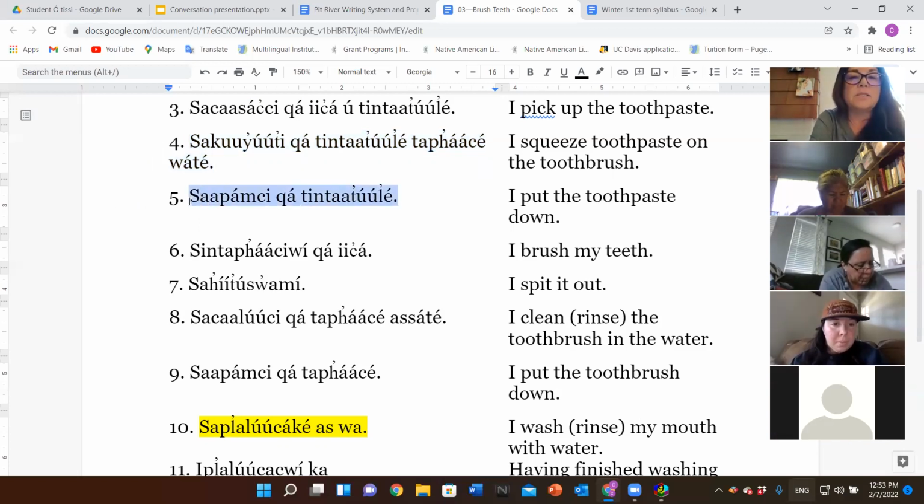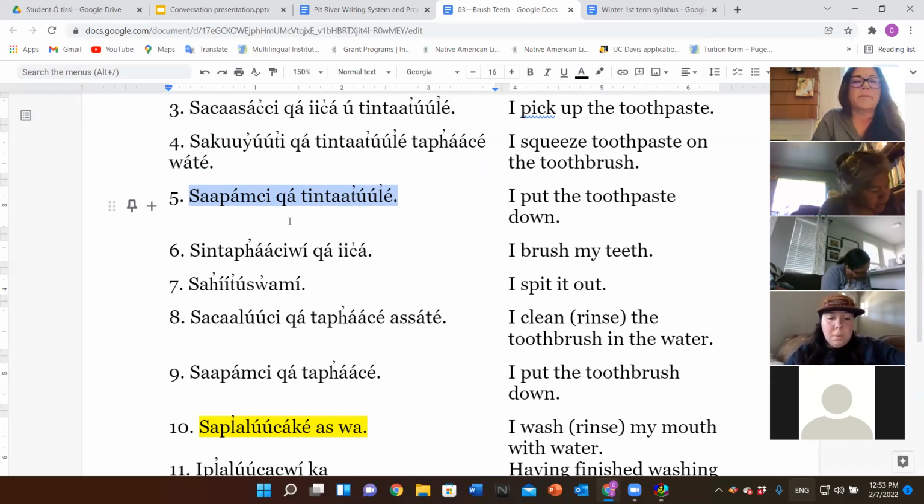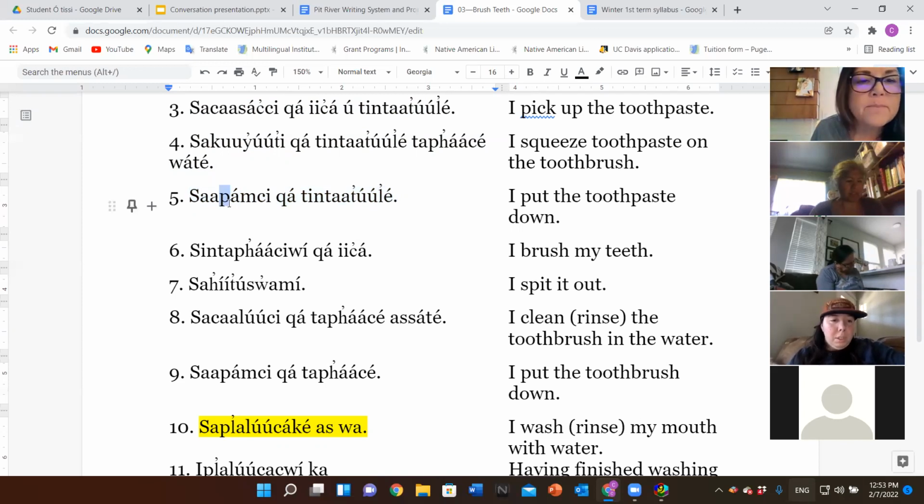And then we've got a shorter sentence. Sa pamji gatinta tule. So sa pamji, I put it down. Sa pamji gatinta tule. Lisa. Sa pamji ga tinta tule. Sa pamji ga tinta tule.